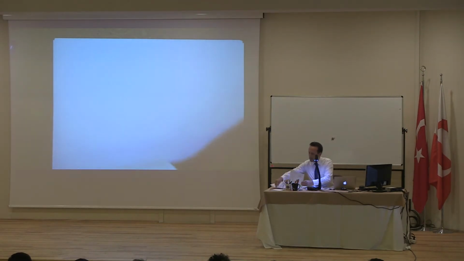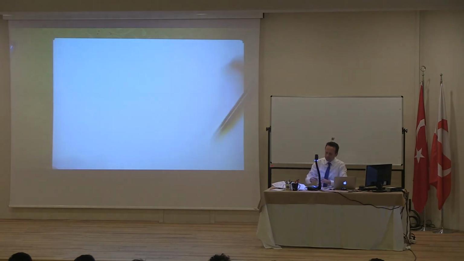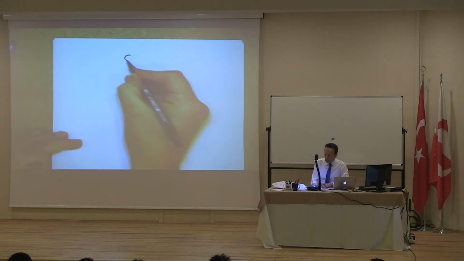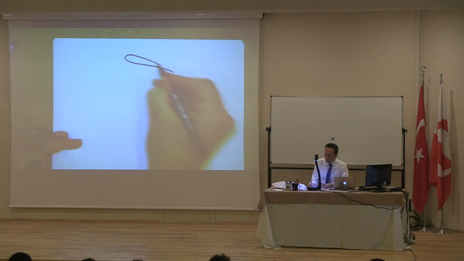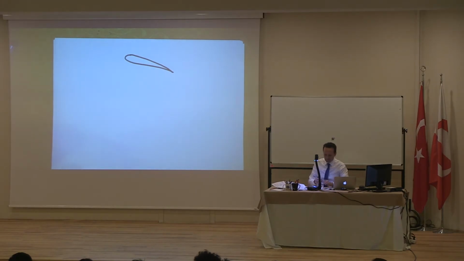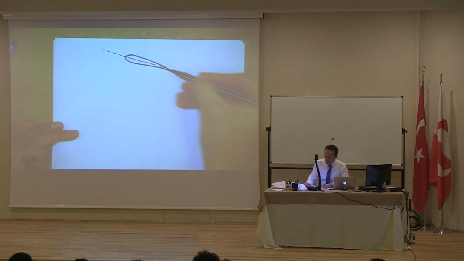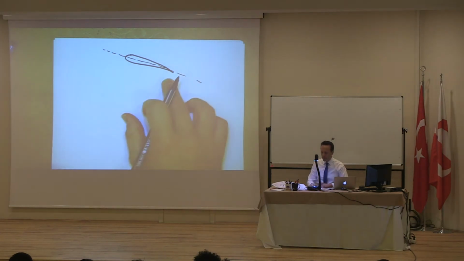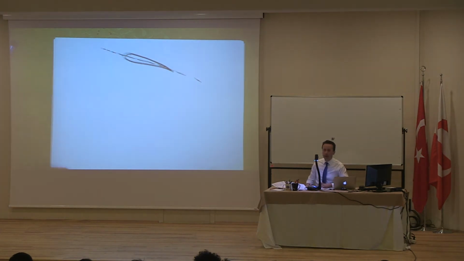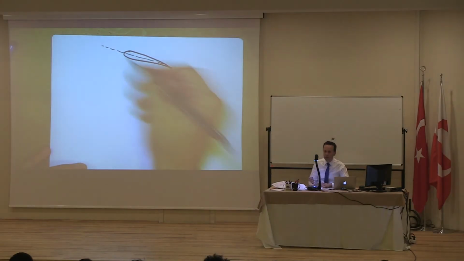All right, let's summarize this real fast. So this is an airfoil. An airfoil can be symmetric or not symmetric. Now this one is not symmetric, but it could also be a symmetric airfoil.